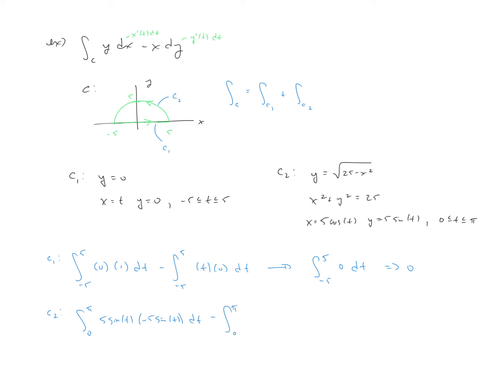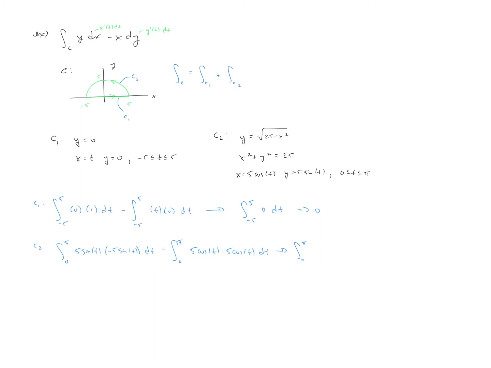That minus, again, is the same minus as that. Now we have our x, y prime dt. So the x would have been 5 cosine t, and the y prime would have been 5 cosine t, and then we have our dt. If you're actually going to integrate this out, you could simplify it down to one simple integral, where you'd have this inside right here minus this inside right here, and then one single dt. So I'm going to shrink this down so I can fit that in there.